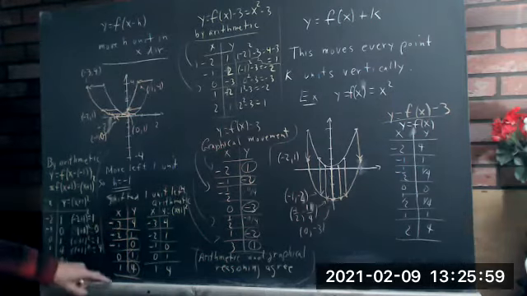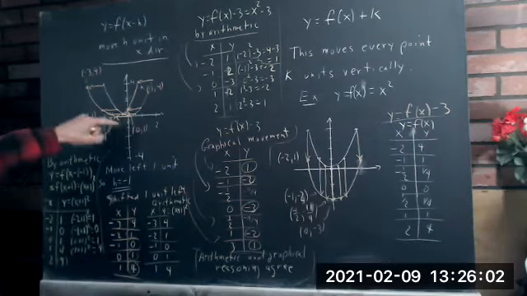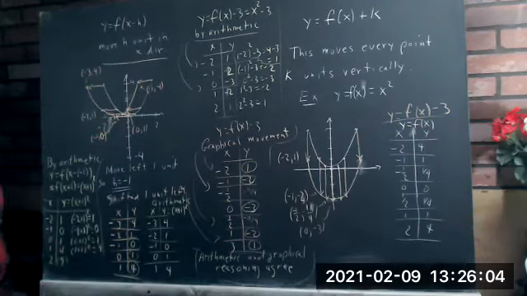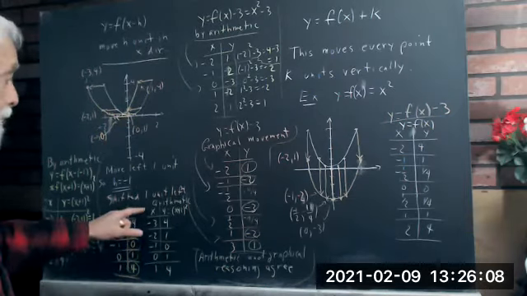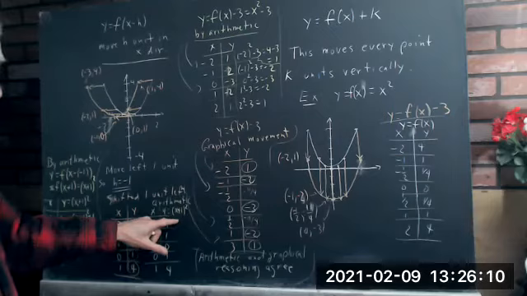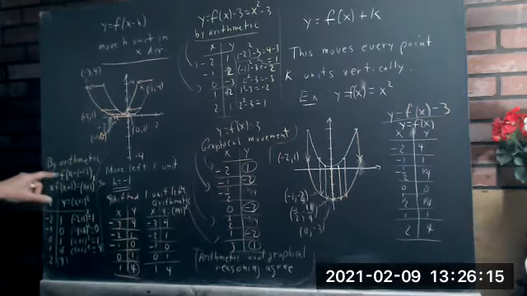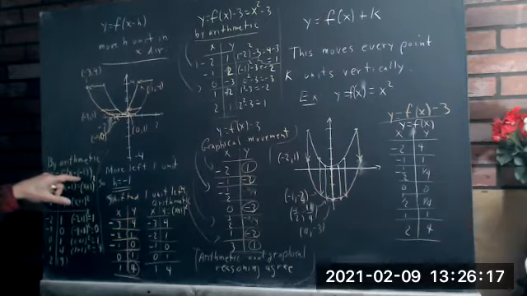So the coordinates I get from doing this on the graph without calculating anything match the coordinates I get if I do f of x minus negative 1.